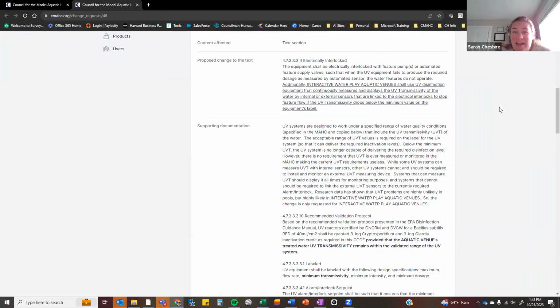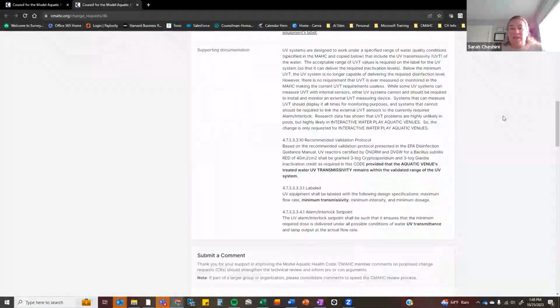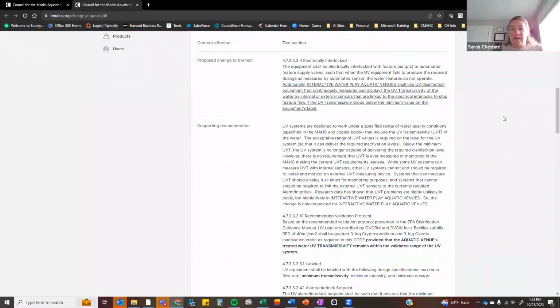Making sure that it's interlocked. If the transmissivity level drops below the minimum value, it's interlocked and the features will not show up. Right? Yeah.